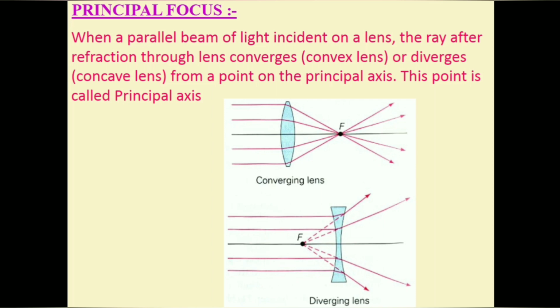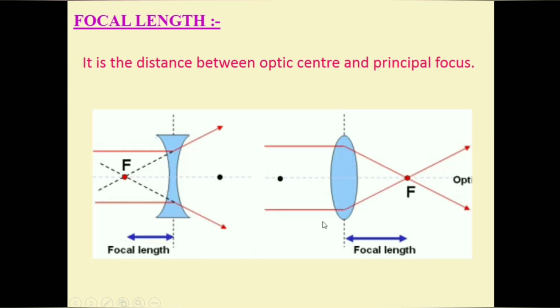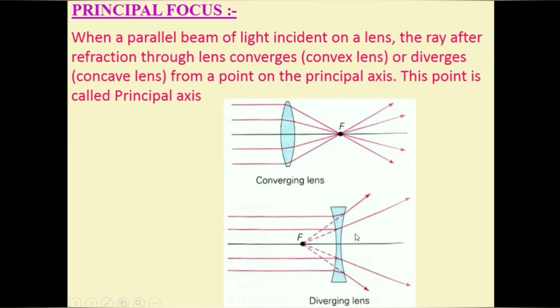Right? So what happens? Observe the first diagram. When a parallel beam of light is incident on the lens, two times refraction of light takes place. After refraction, all the refracted rays converge for a convex lens and diverge for a concave lens.